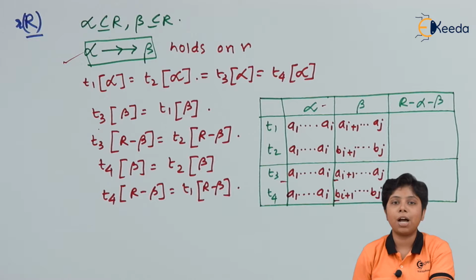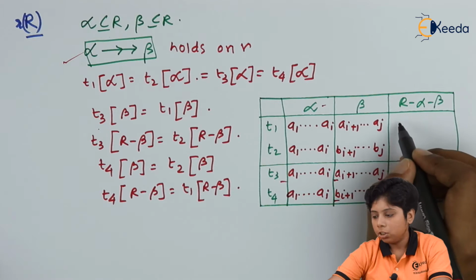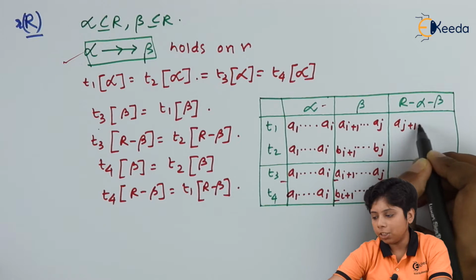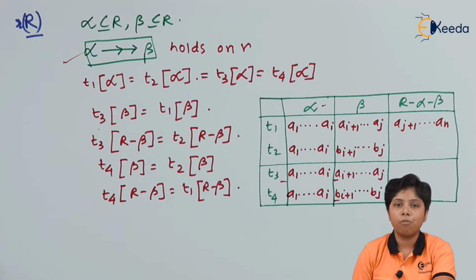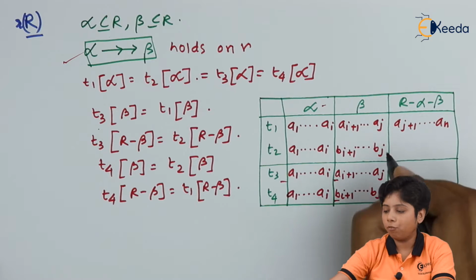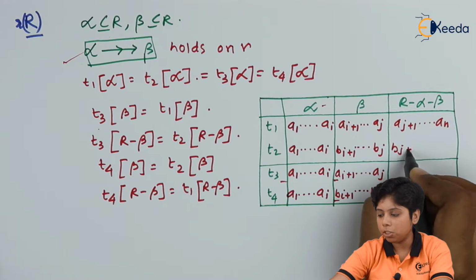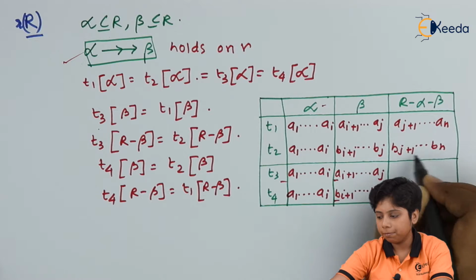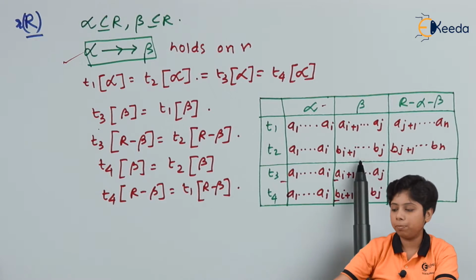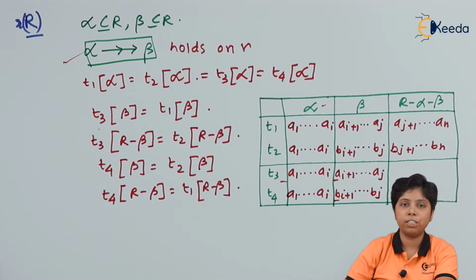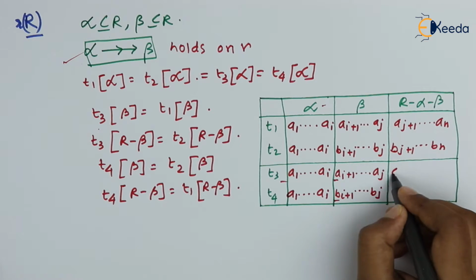Now let us move to R minus alpha minus beta. Now my R consists of the attributes not belonging to alpha or beta. So again it will start from Aj plus 1 and move till all the values present in the relational attributes. And for this B, it will be bj plus 1 to bn. Because other than the defining key, there should be no matching key for every tuple relation.